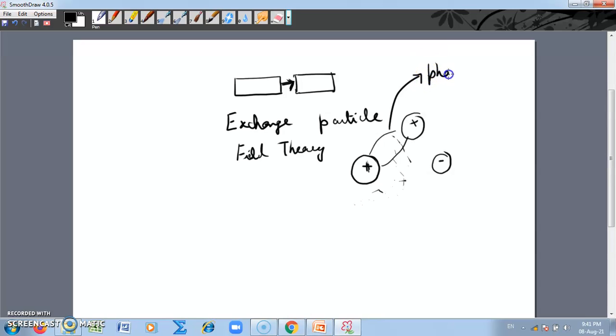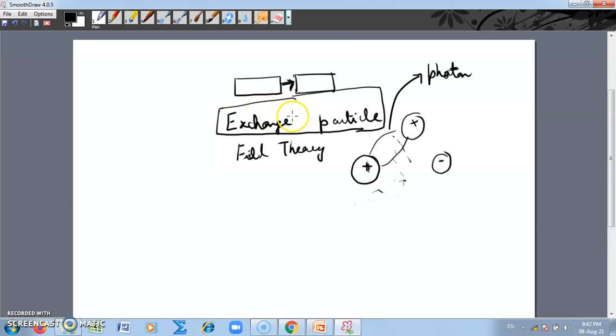Now it may sound very strange to you. For you it is enough to know that this is a finding of the field theory of electromagnetic force. It is an accepted theory, so we will accept that in electromagnetic interactions there is an exchange of a particle, and from this the idea of an exchange particle came into the domain of elementary particle physics.